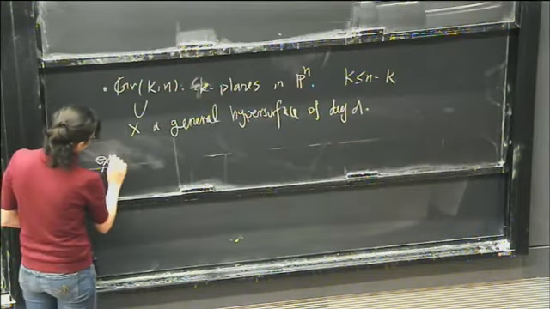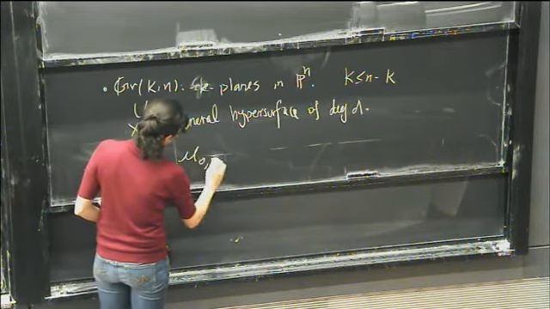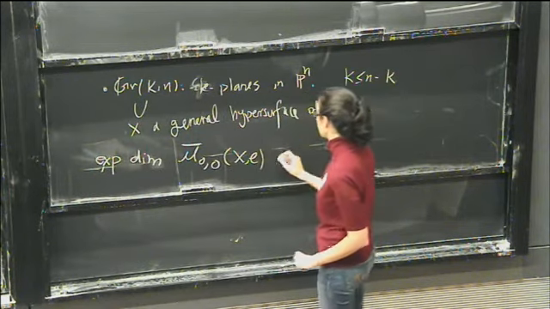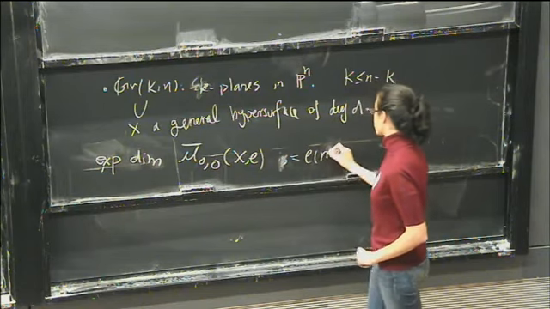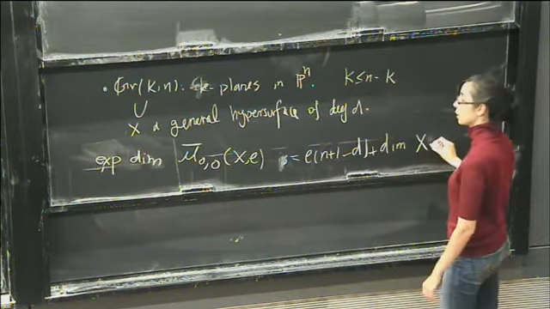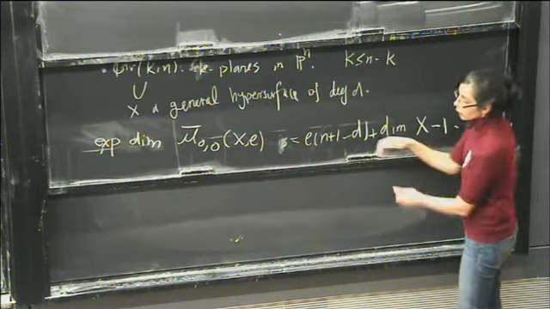The expected dimension of the space of stable maps of degree e to X is, again, e times n plus 1 minus d, plus the dimension of X minus 1. Okay? And the question is: do we get the expected dimension if X is general?